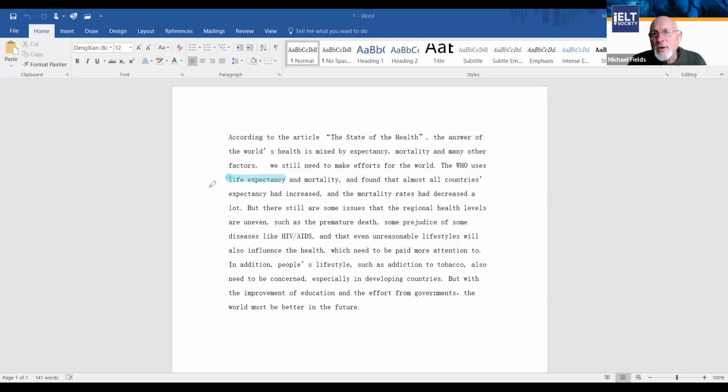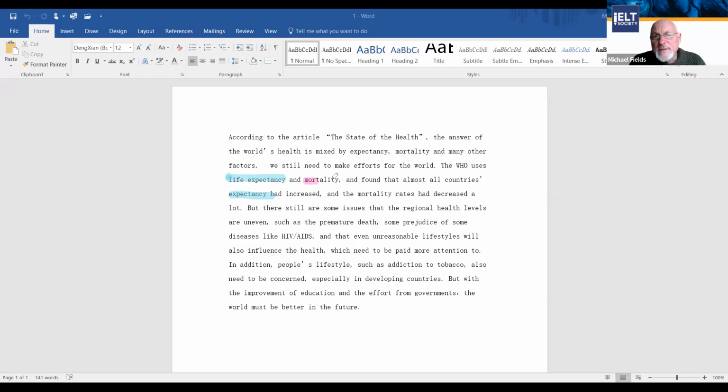But I think they're using a lot of high-level vocabulary, and they're using it often correctly. Except I wanted to point out life expectancy became expectancy in a few more places. So they didn't really get that collocation. Although they did it once correctly, they didn't do it correctly again.